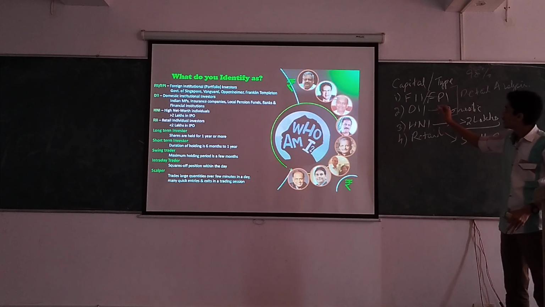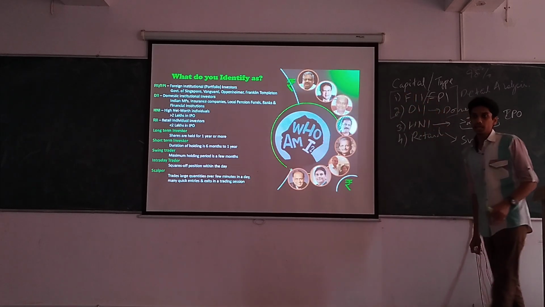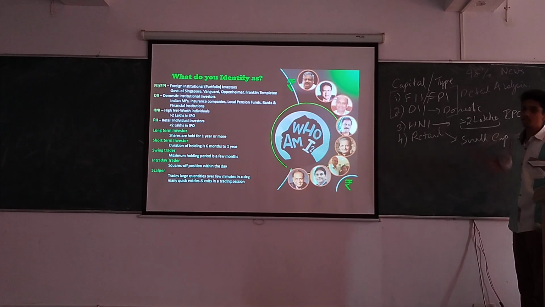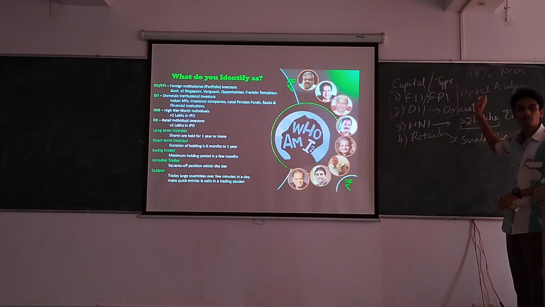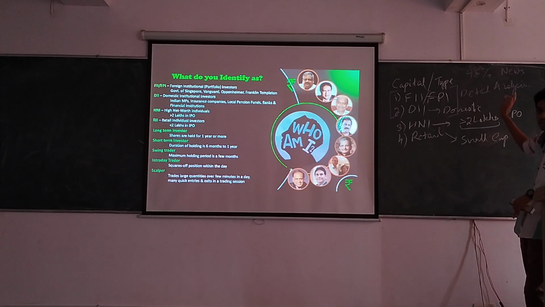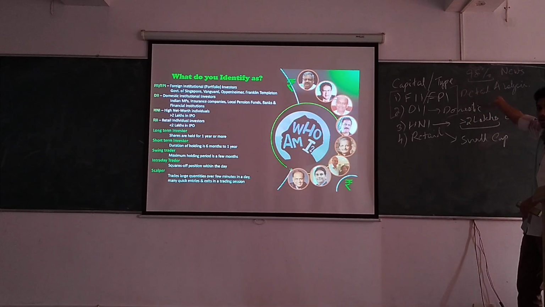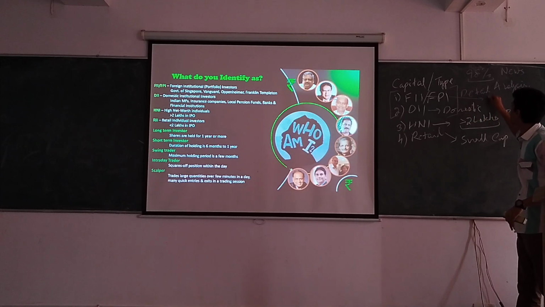What decisions they take will be available as news. That is why they say news is an important part of your investment decision making. If they are 98% right, you can just follow them and make money. Let us say they buy ONGC.